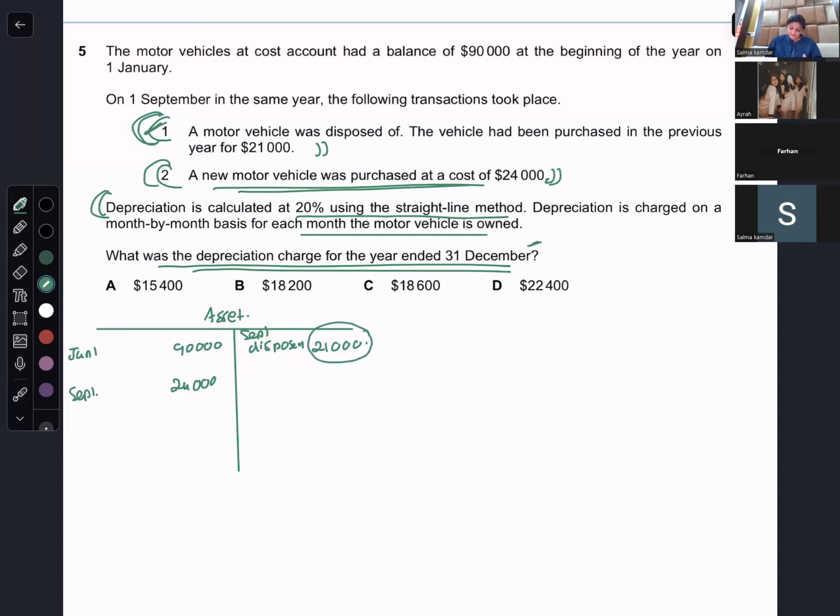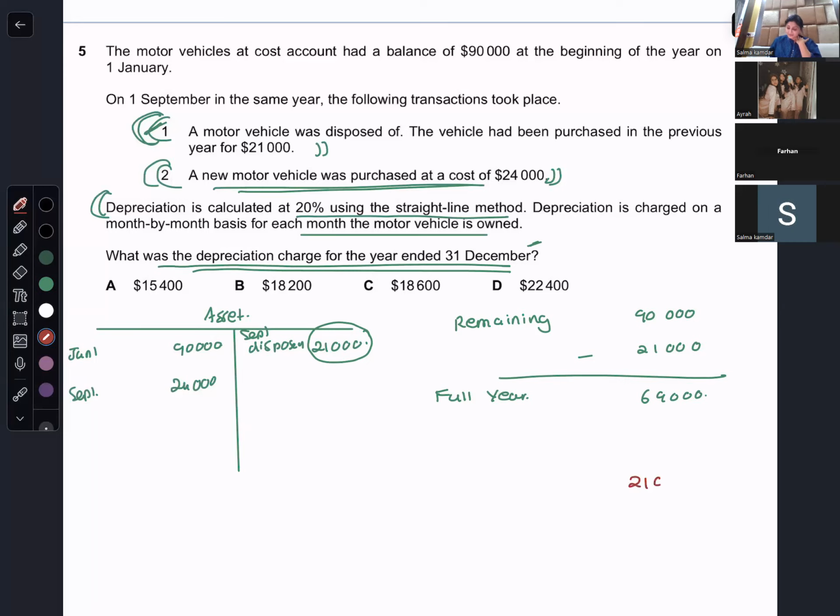So what are the remaining assets with you? 90,000 minus 21,000 is 69,000. So this 69,000 is going to be with you for the full year. Yes or no? Yes.